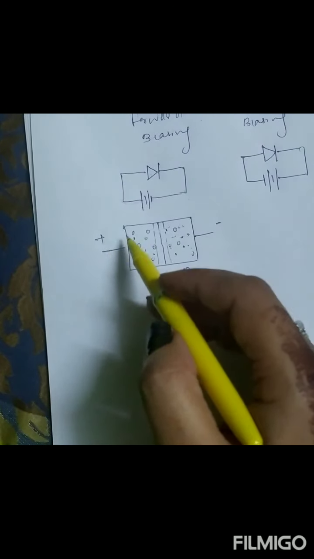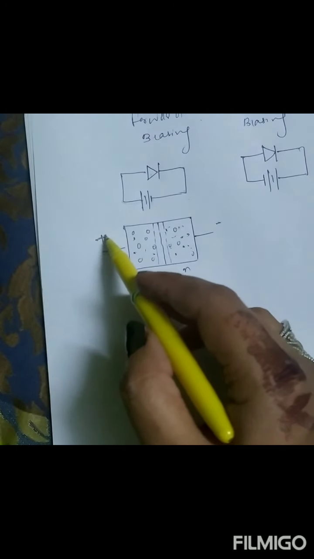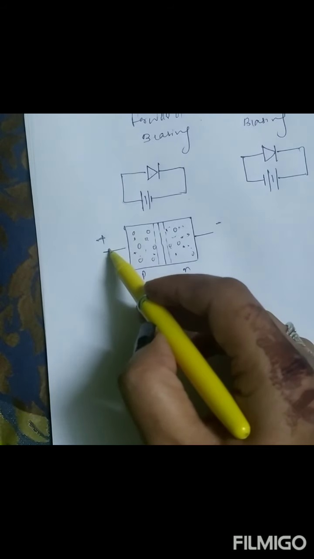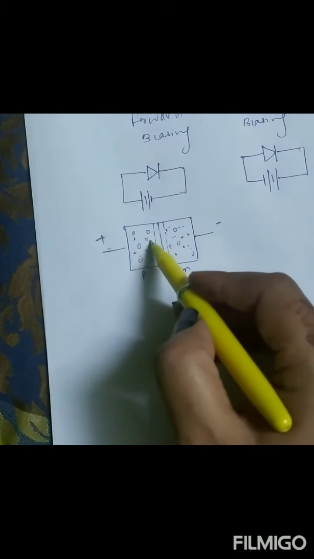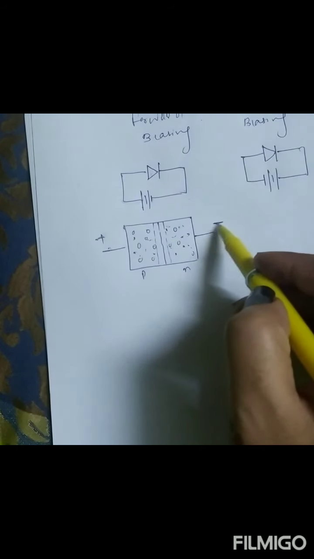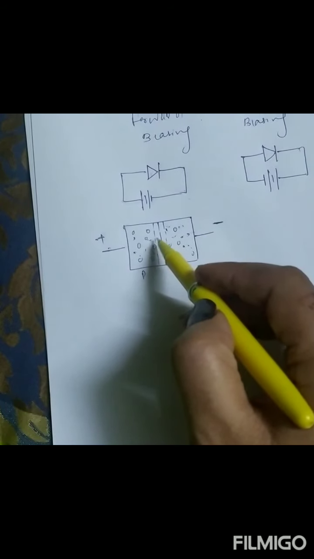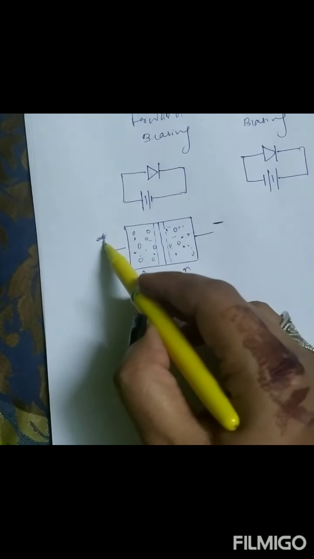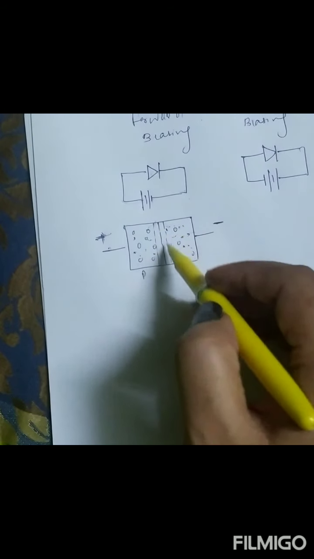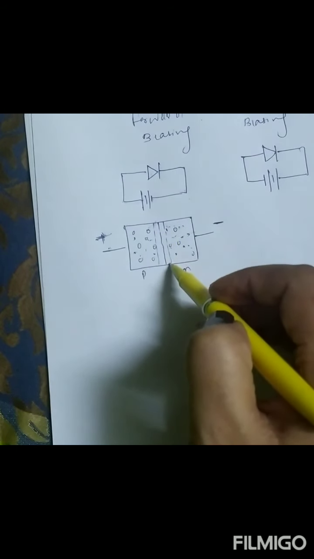Now what happens when the positive of the battery is connected here? Positive will repel which charge carriers, holes or electrons? Positive will repel positive, so it will repel holes. And from here, negative will repel electrons. The positive of the battery will force the holes to cross this barrier potential, the fictitious potential barrier here.